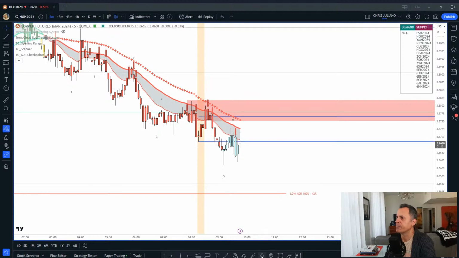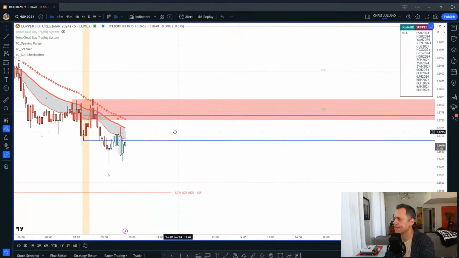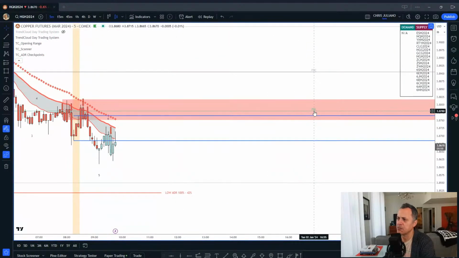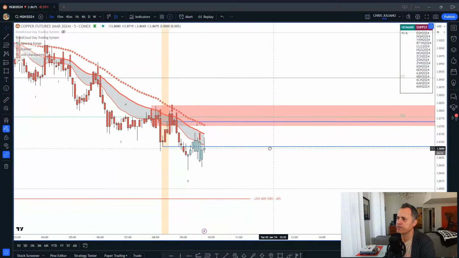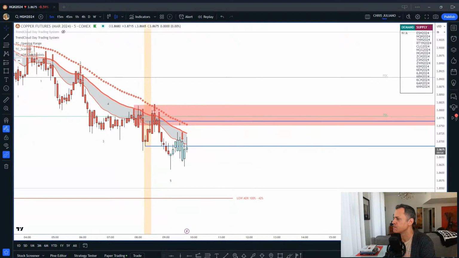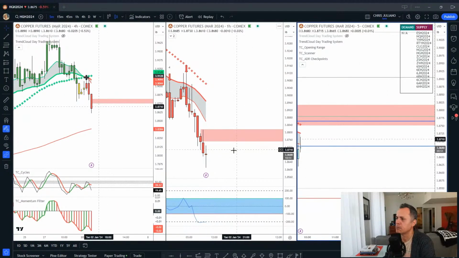Opening range. And look what we've got there, right? So this may pull back, recalculate in this area, previous day's low. All right, it might pull back into that previous day's low. We shall see.